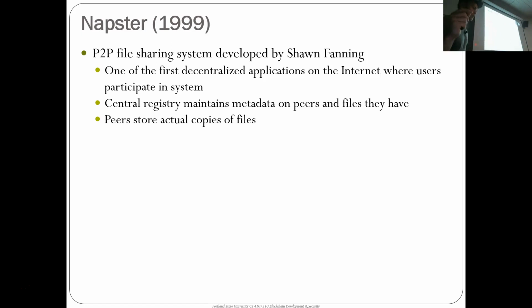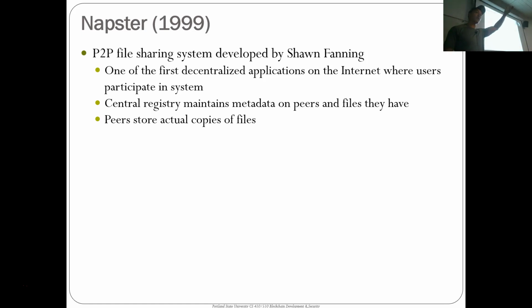So the idea is that I keep a central registry, the Napster server, and every time a client signs into the app, it registers with this central server, and it gives the server an index of all the data files that are available for file sharing on that computer.